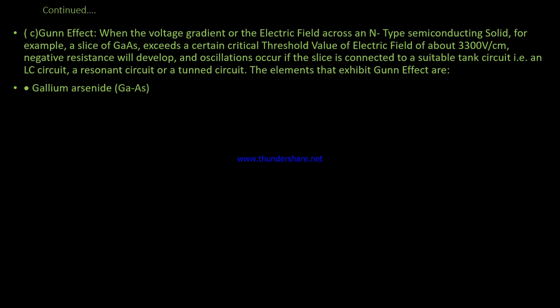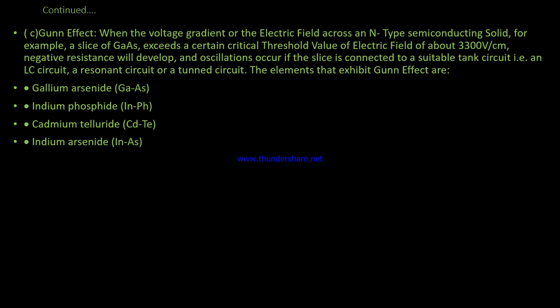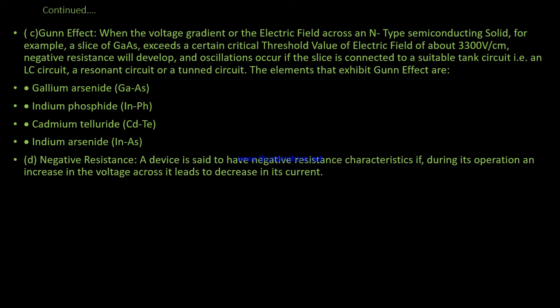Now, the elements that exhibit Gunn effects are, number 1, gallium arsenide, indium phosphide, cadmium telluride, indium arsenide. All these are compounds of the transition elements.